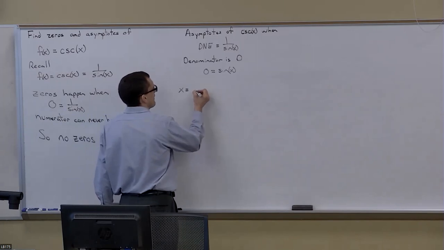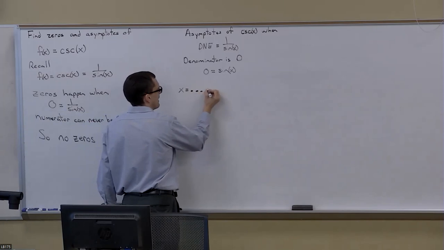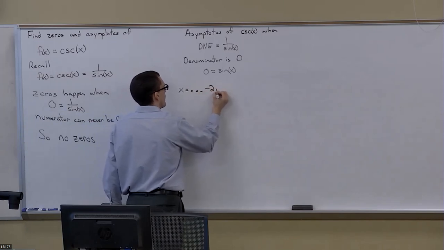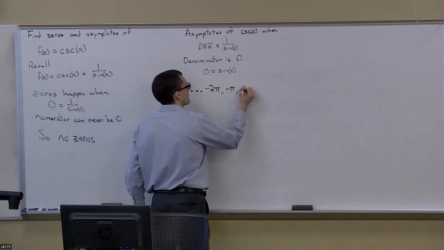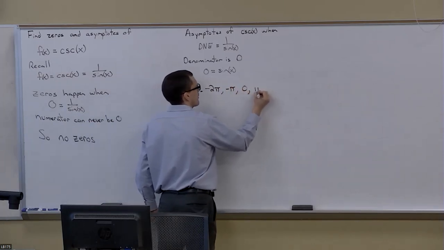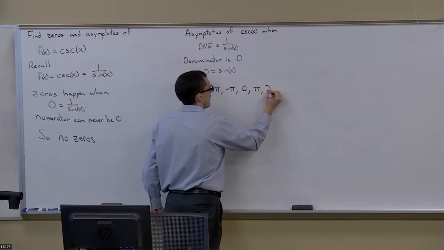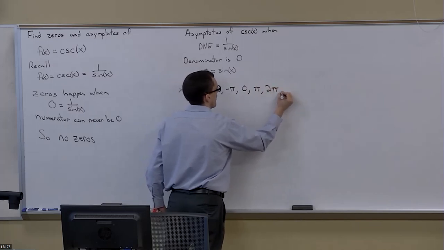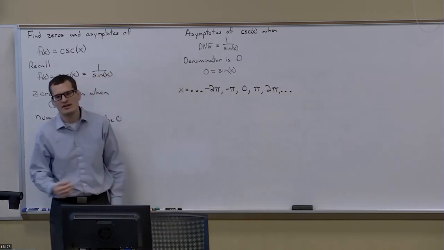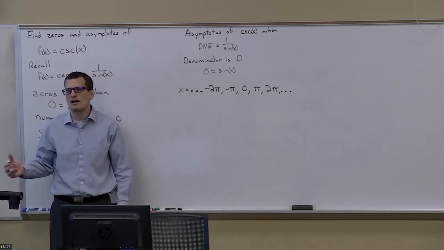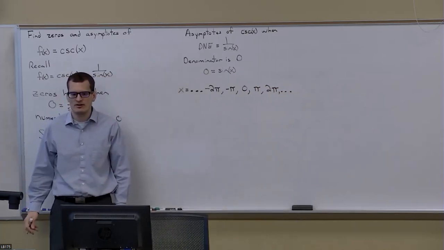And we know when that is 0. We add that bit down earlier: negative 2 pi, negative pi, 0, pi, 2 pi, et cetera, et cetera.